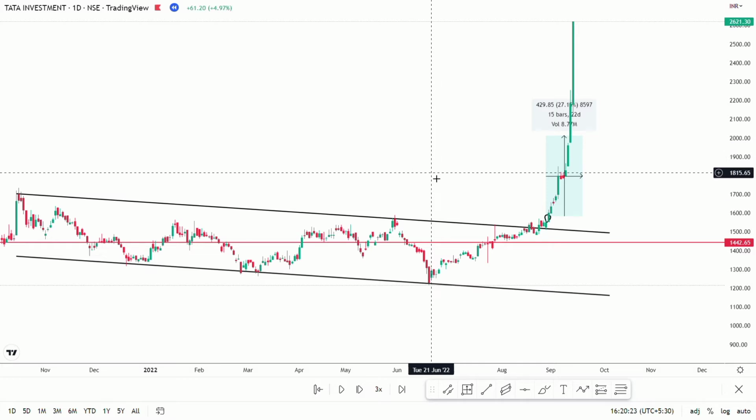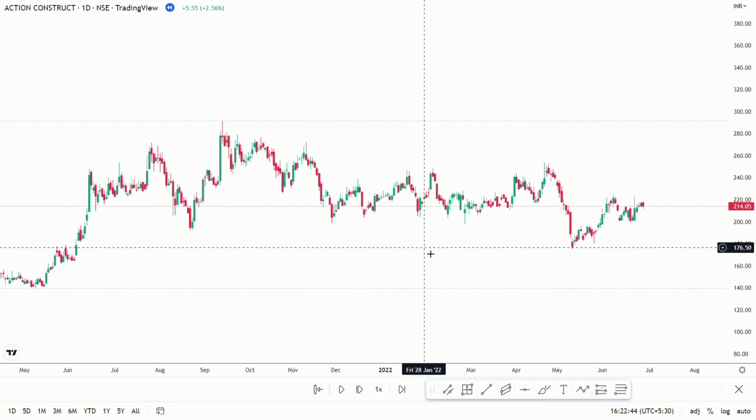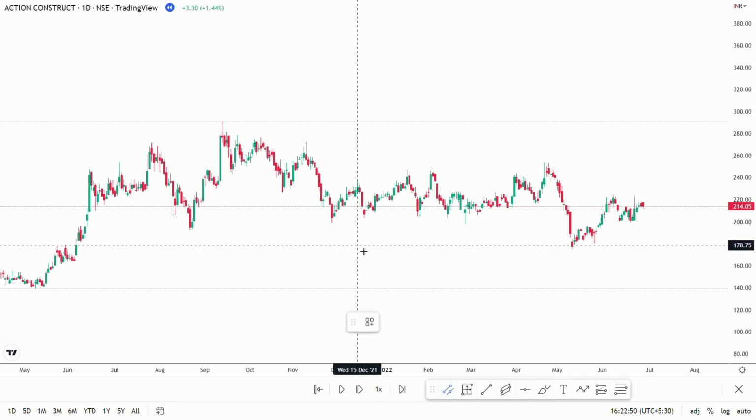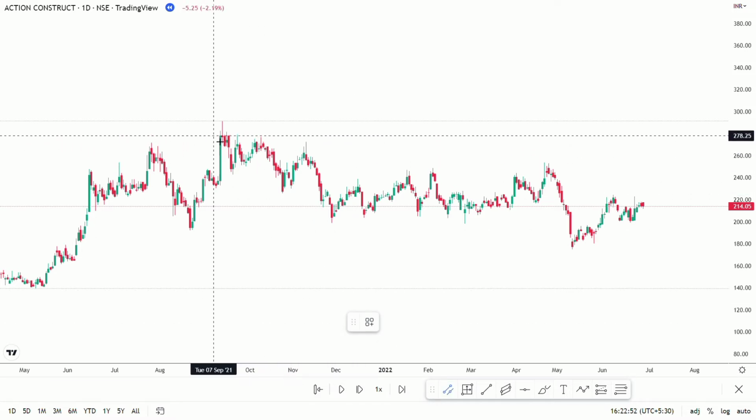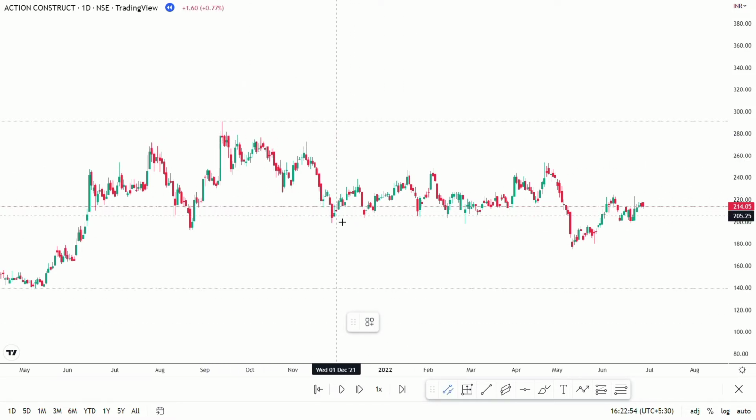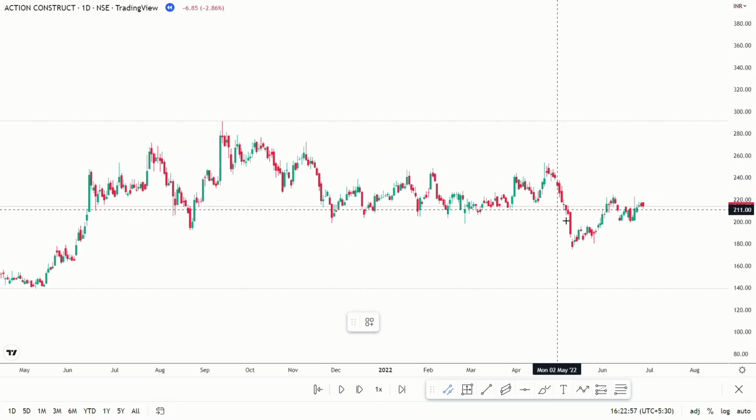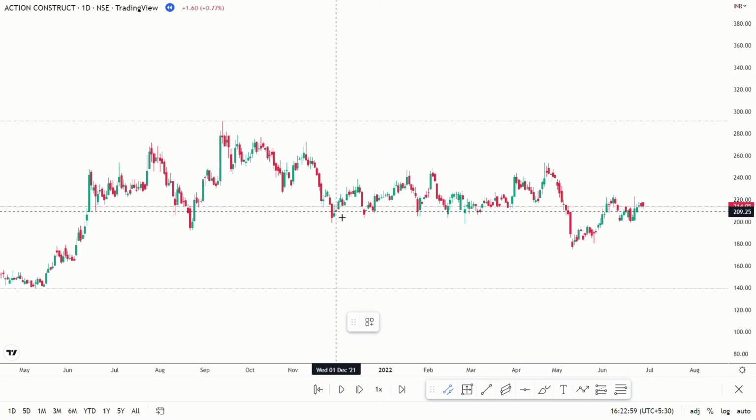Okay, we will see the next example. The next stock is Ace Action Contract. I gave this stock in my Instagram update. As you see, this stock first went down, then again up, then also down from this particular level.